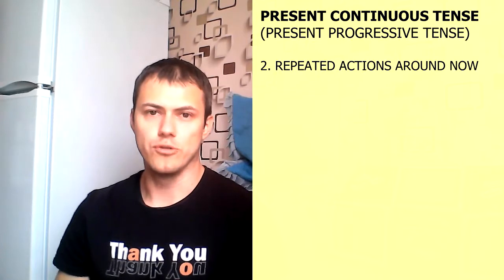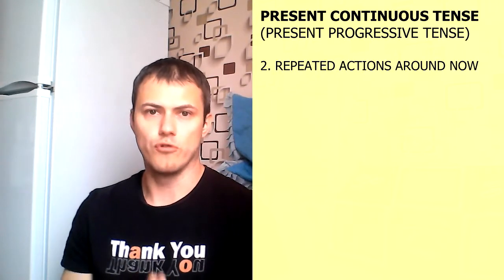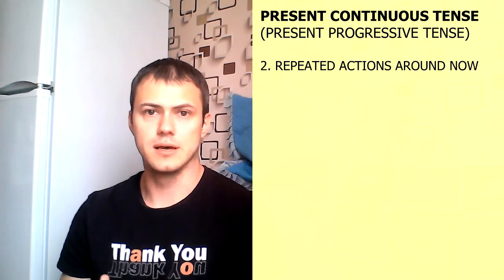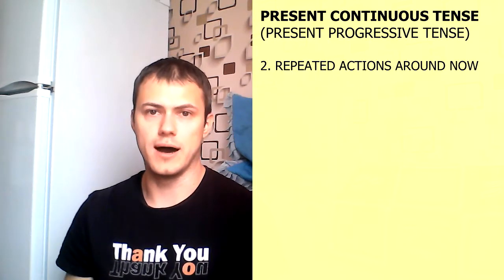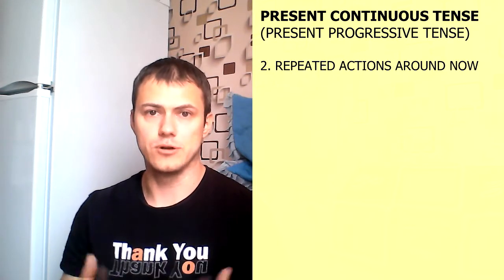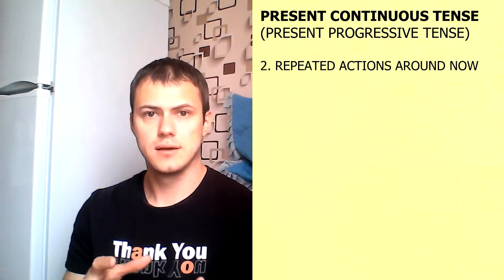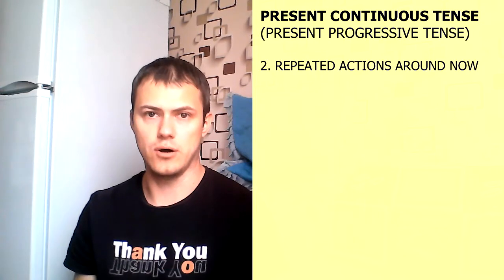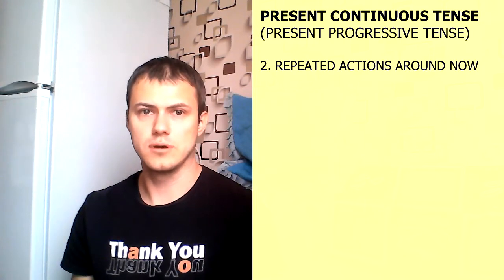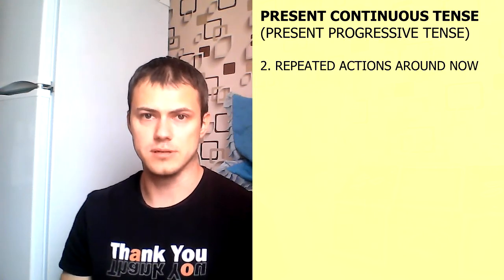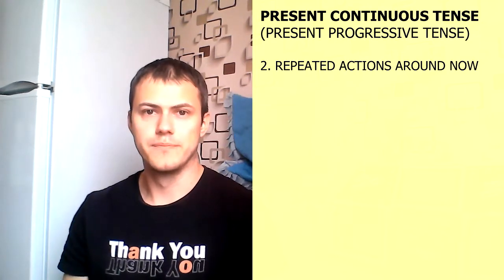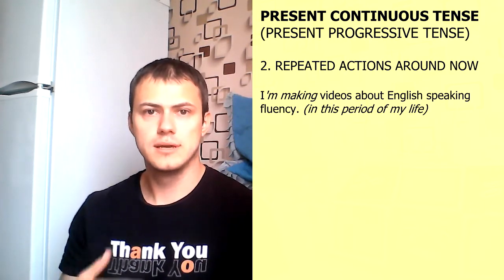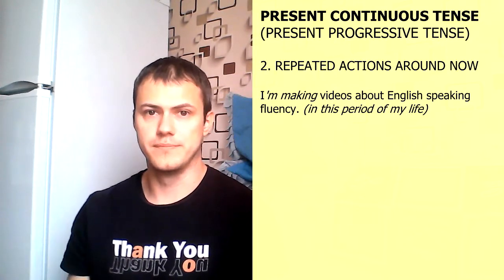Let's move on. The second usage of the present continuous tense is when we are talking about actions that are happening around now. Around now. Let's take a look at the examples. For example, I'm making videos about English speaking fluency.